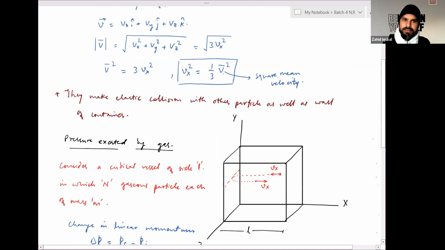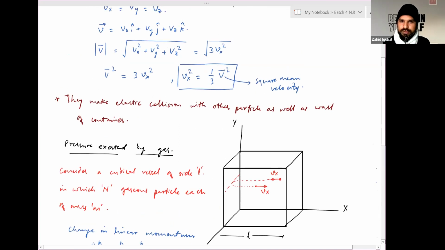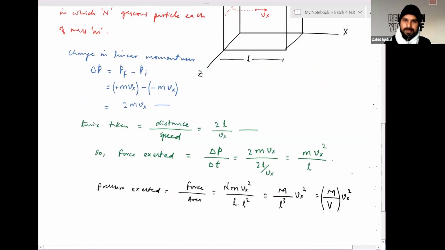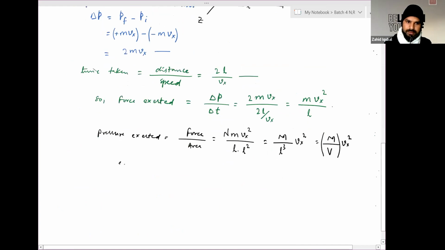Just see this particular expression. Vx squared is 1/3 of V bar squared. So if you replace Vx squared by this term, you will get P equals mass by volume, density, times 1/3 V bar squared.